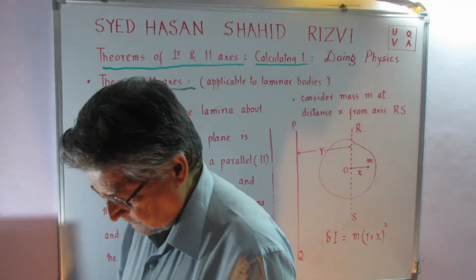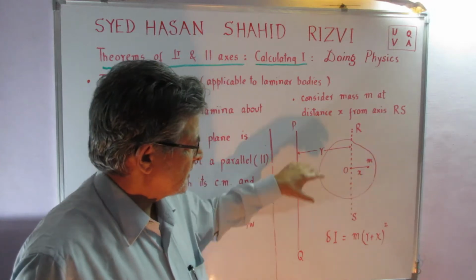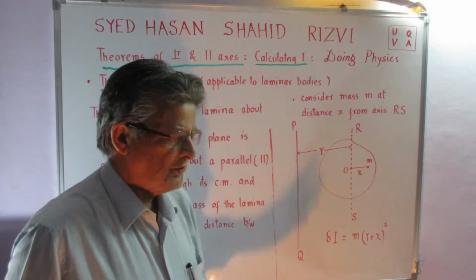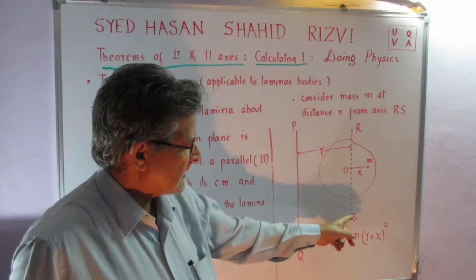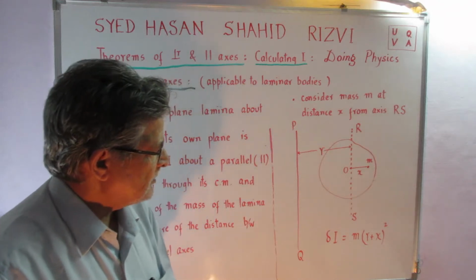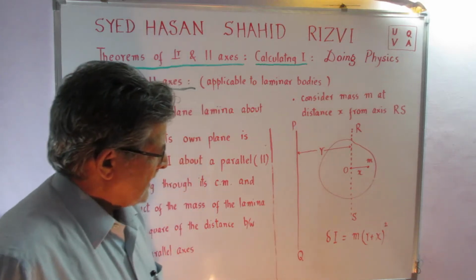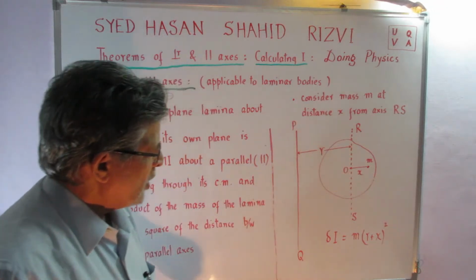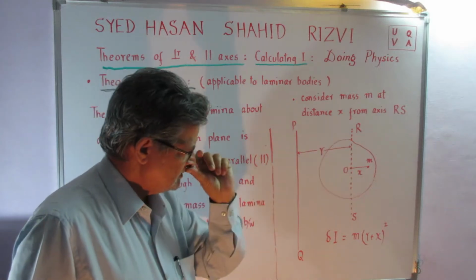If I can calculate the moment of inertia, from first principles or otherwise, for a laminar body, which I have taken here not to be regular but irregular, there is a center of mass of the system, and passing through that I have an axis through the center of mass, which I am designating as Rs. Then I draw a parallel axis PQ, parallel to this one, separated from this axis by a distance r.